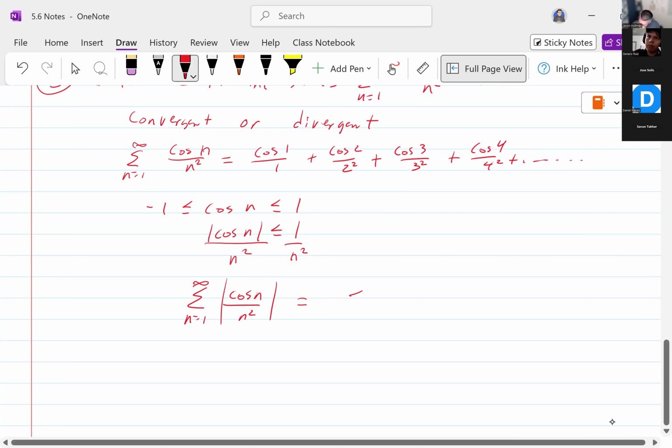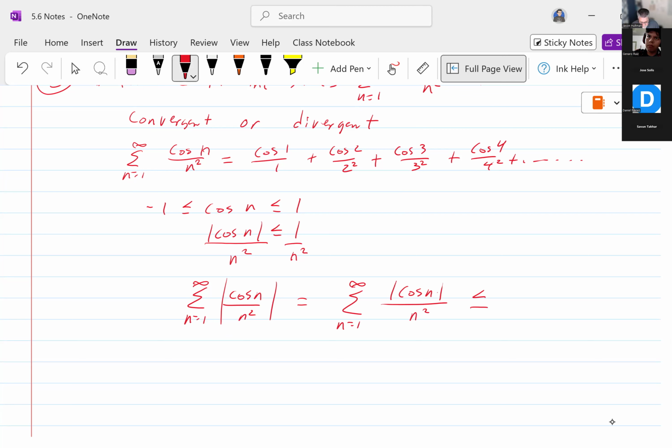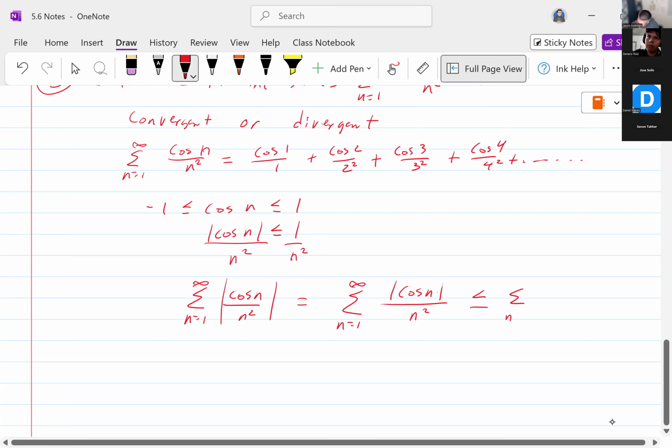Well, this is equal to the sum of the absolute value of cosine n over n squared, and we're saying that this is less than or equal to the sum of n equals 1 to infinity of 1 over n squared.